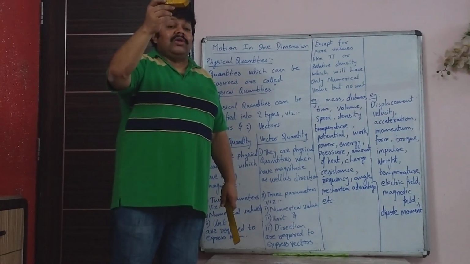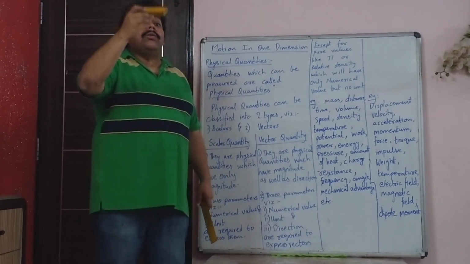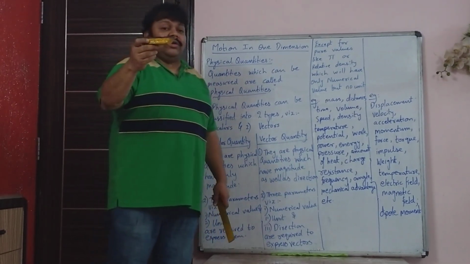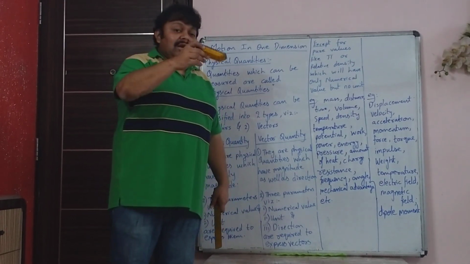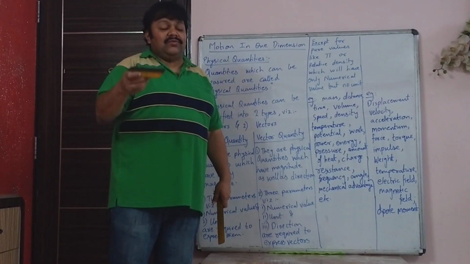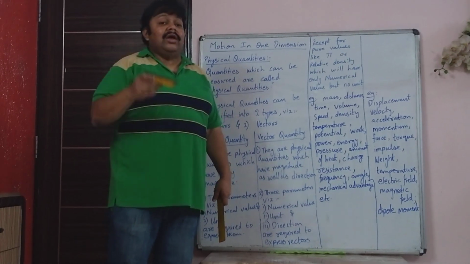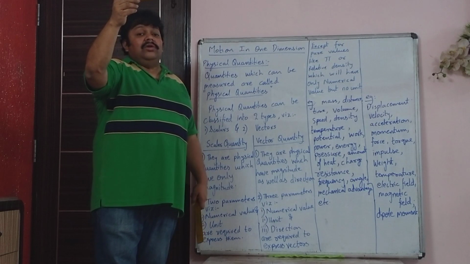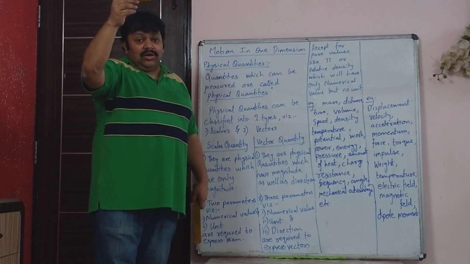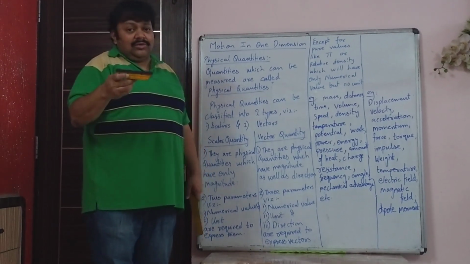But now when you say the weight of the duster, you will add one more quantity, because weight is not signified by just 50 and gram, or by just 50 and GF. If I leave this duster now, what will happen? It will fall down, no? Why will it fall down?